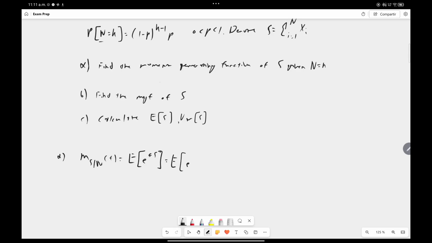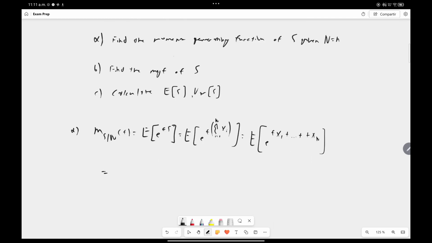We're going to sub in, now what is S? S is the sum from i equals 1 to n of all these different Xi's. And then we're going to do some algebra to get tX1 plus dot dot dot plus tXn.